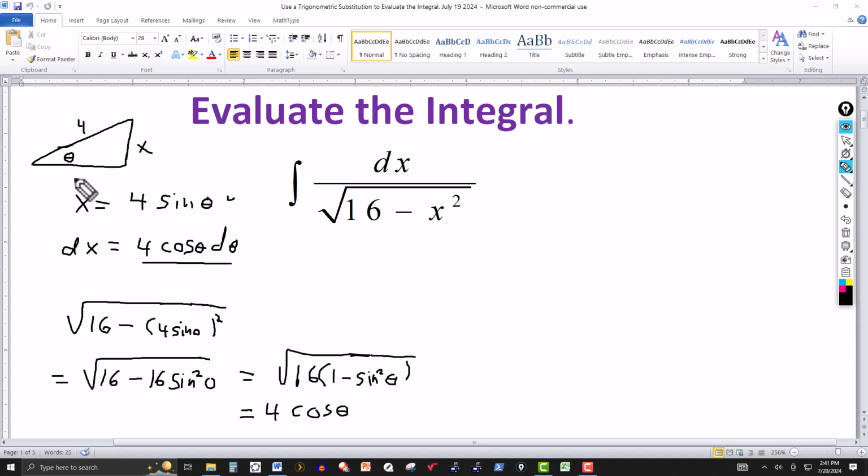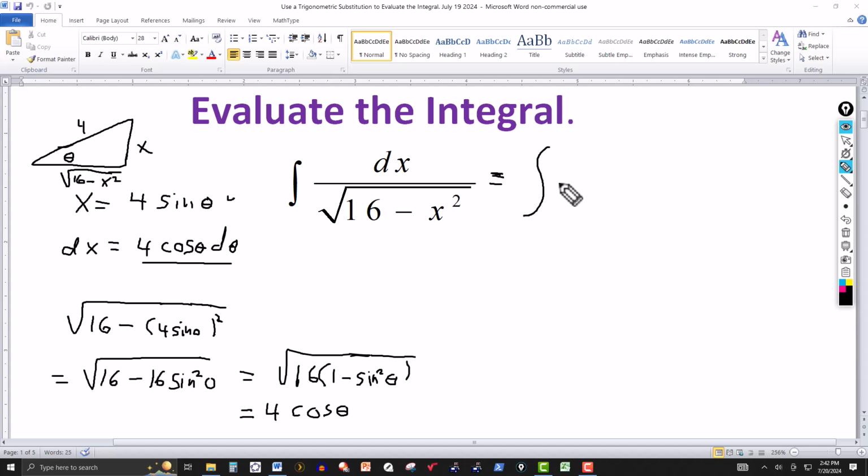So this side would have to be the square root of 16 minus x squared. And you would use this to simplify your final answer, in other words, convert from theta back to the variable x. We might not need every piece of information from that triangle in this particular problem, because it simplifies nicely here.